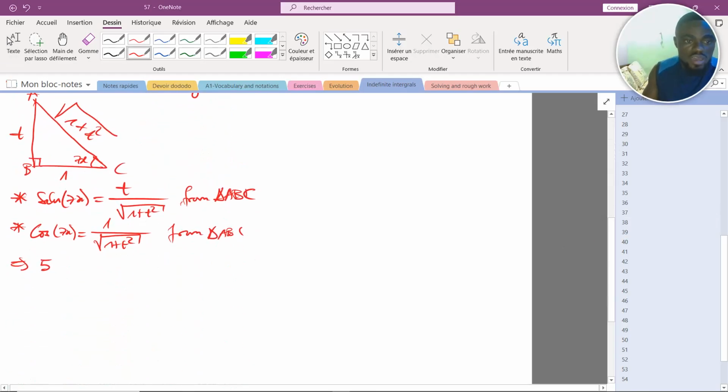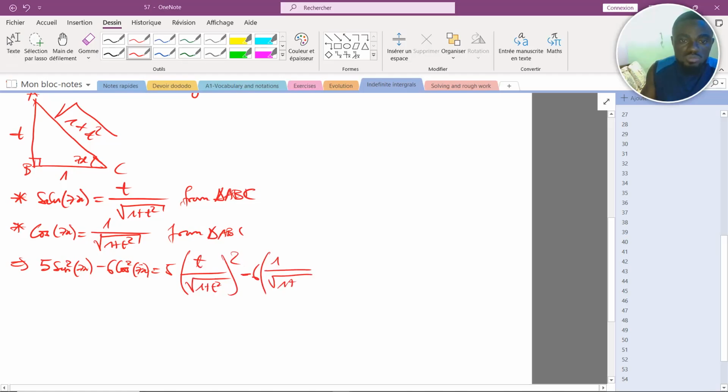This will be equal to 5 into t all over the square root of 1 plus t square, all that square, plus minus 6 into 1 all over the square root of 1 plus t square, all that square.